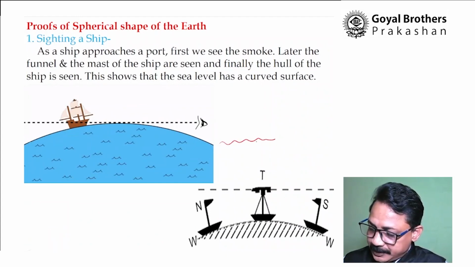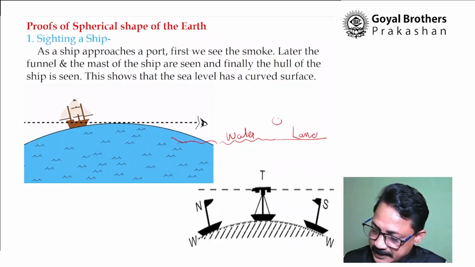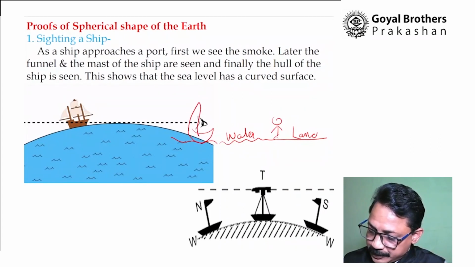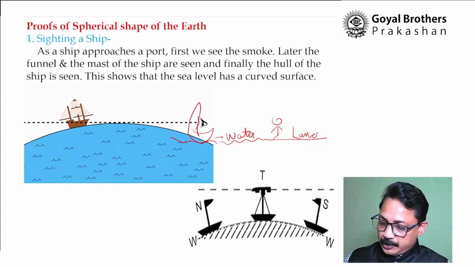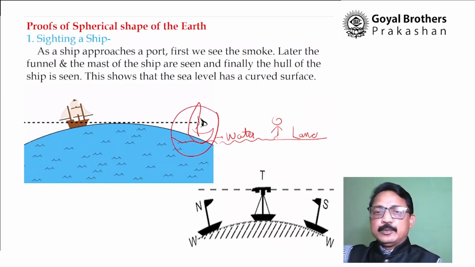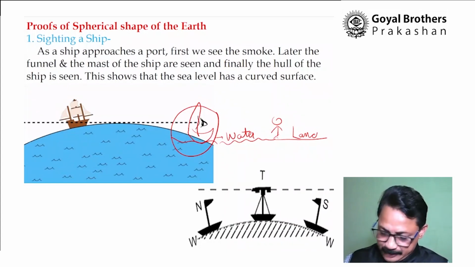Suppose this is water, and suppose this is land over here, and let us say you are standing here and you are looking at a ship coming towards you. If the Earth was flat, you would have been able to see the entire ship coming towards you. But that does not happen.